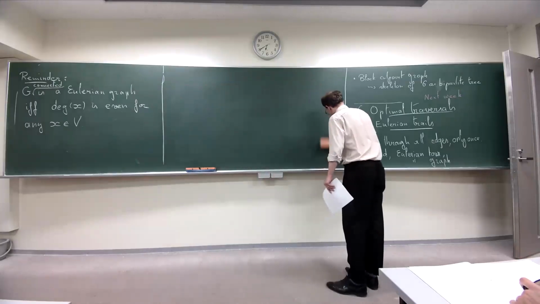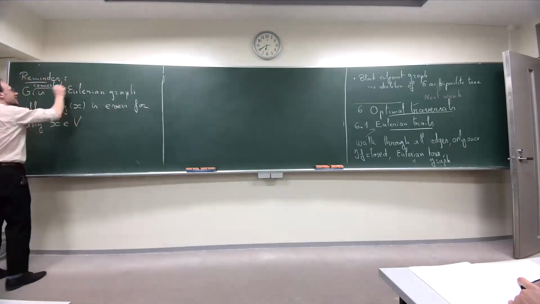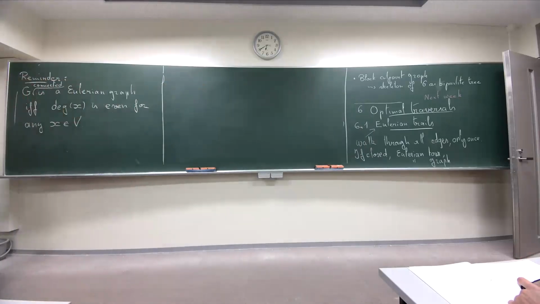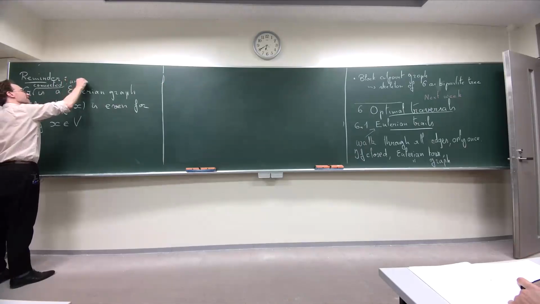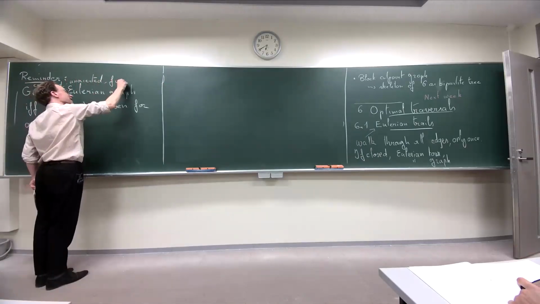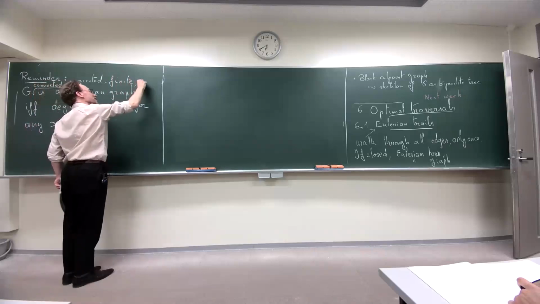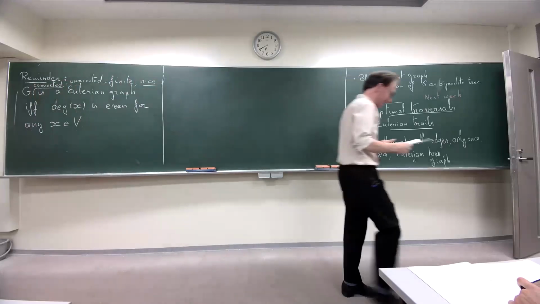If not, then we'll have to consider back in and back out. If you have any question, just tell me. Okay, connected, unoriented, finite, and nice. Otherwise, the VIG will be unhappy.